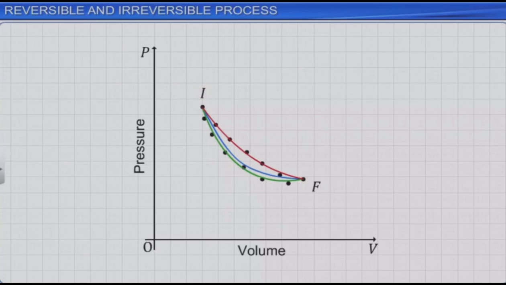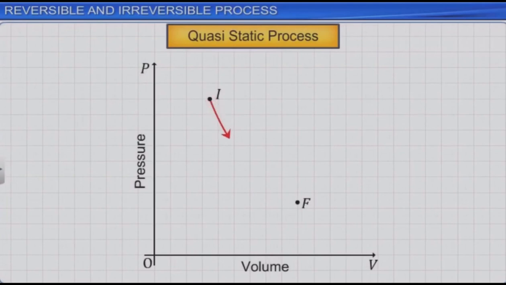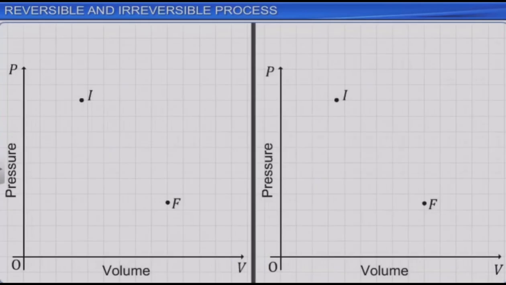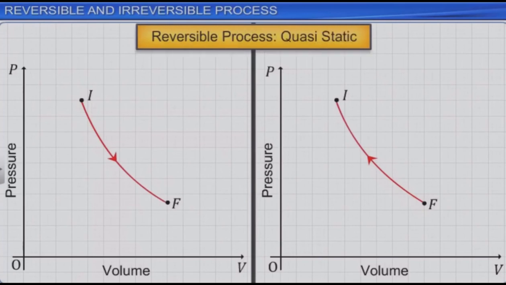However, we have defined a quasi-static process as an ideal process that always passes through equilibrium states. Now, we can write the conditions for a process to be a reversible process. For a process to be reversible, it must be quasi-static, and there must be no dissipative effects.